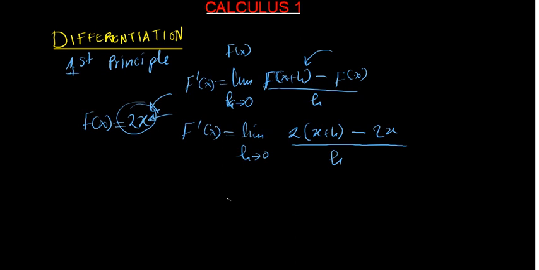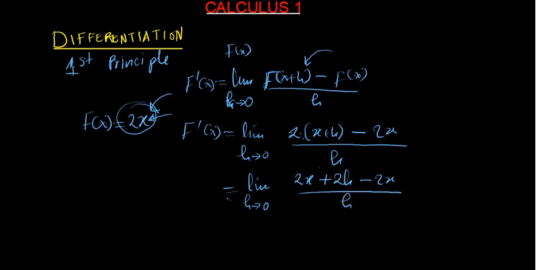And then you continue from there. That gives you the limit as h approaches 0. So multiply 2 by x, that gives 2x, right? And then plus 2 by h, that gives 2h. And then we have minus 2x over h.